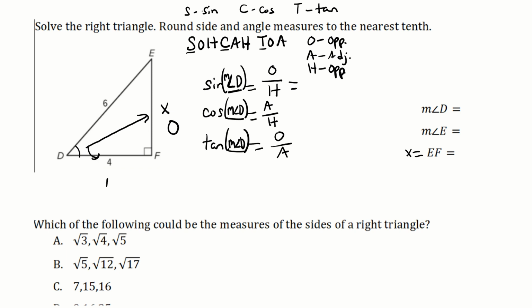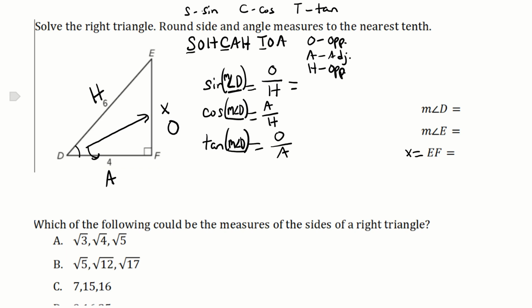This is adjacent, which means it's next to the angle. And this is hypotenuse, the longest side of the triangle, which is 6. You have to know how to identify opposite, adjacent, and hypotenuse.